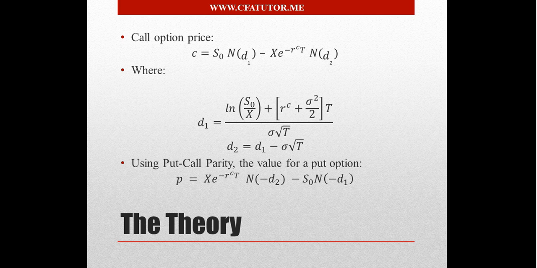Both links are posted under the video, the original reading and the link to the derivation file. Those are the formulas over here for how to calculate the call option price, and using put call parity, which is the result that we talked about earlier, how to find the value of the put option.